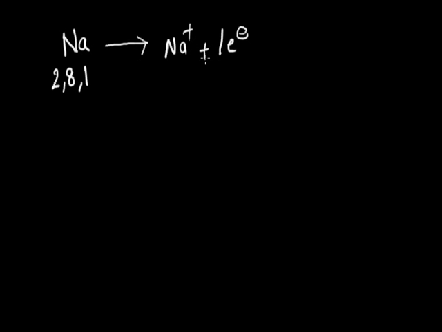Firstly, we take one atom of sodium. Sodium has electronic configuration 2, 8, 1. For completion of octet, sodium donates one electron and converts into Na plus ion.